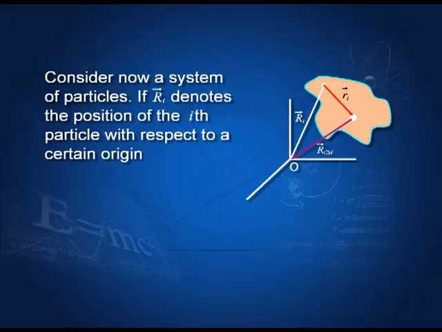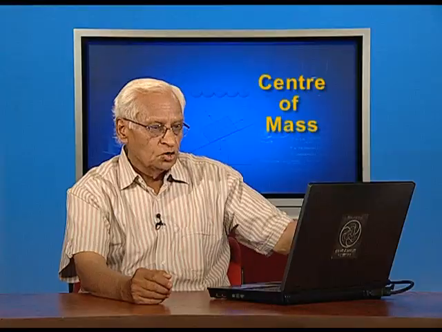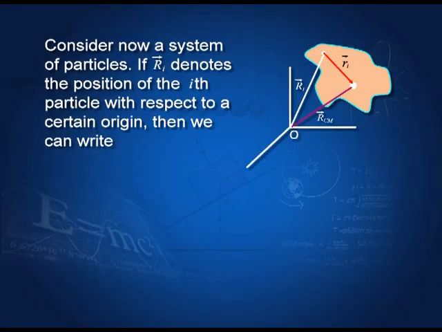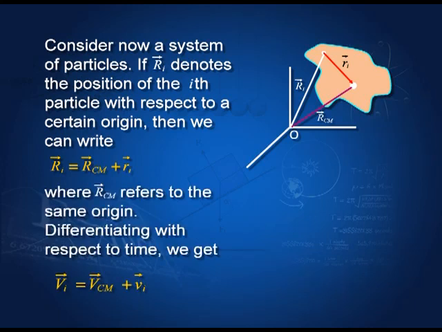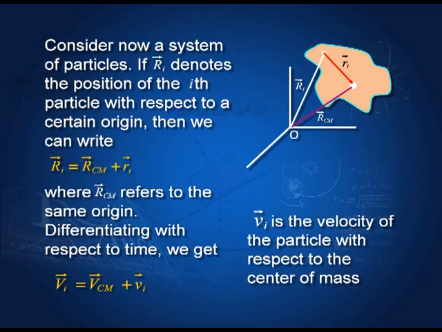So, we have this system, and the center of mass has position vector R_cm, and R_i is the position vector of any particle i in that system, and small r_i is the position vector of that ith particle with respect to the center of mass. So, we can write from vector algebra R_i is equal to R_cm plus r_i. We can differentiate with respect to time and we get v_i equal to v_cm plus v_i', where v_i' is the velocity of the ith particle with respect to the center of mass.